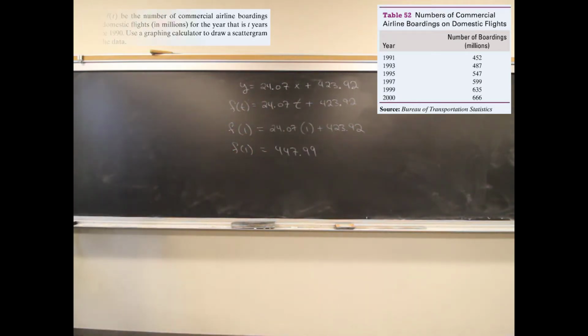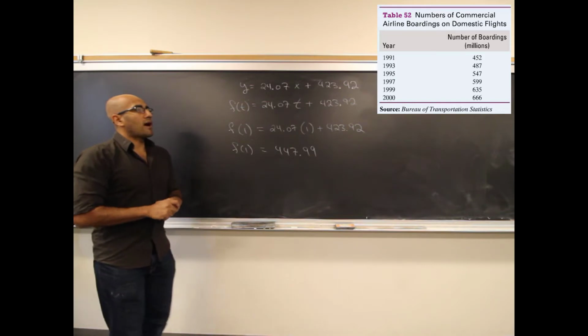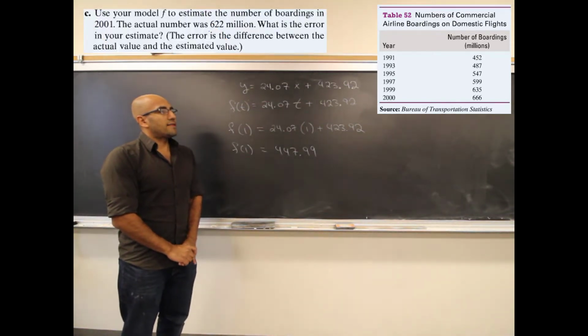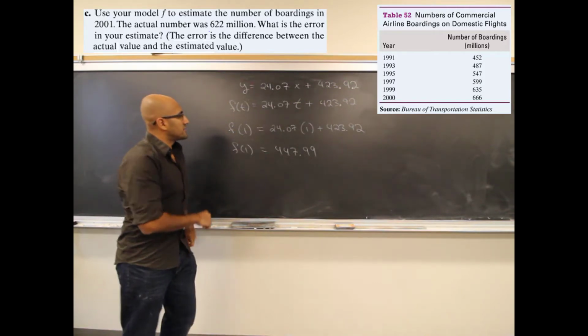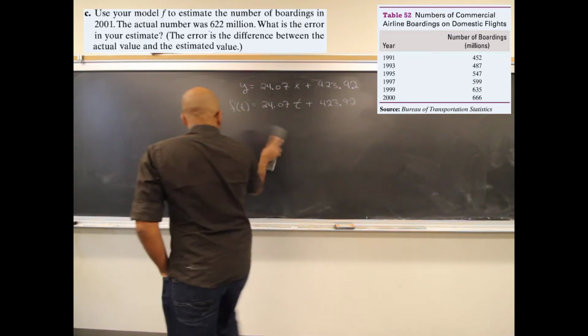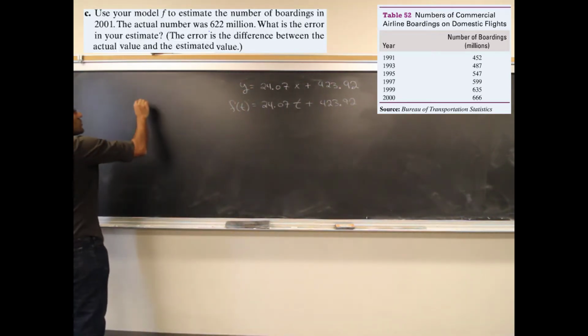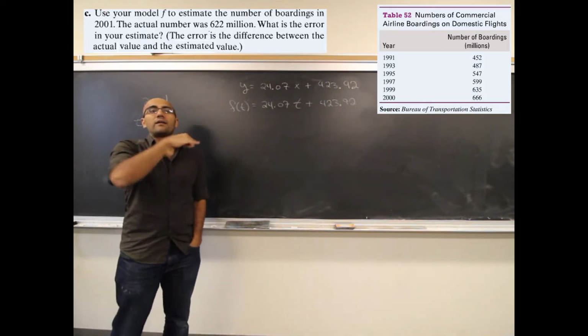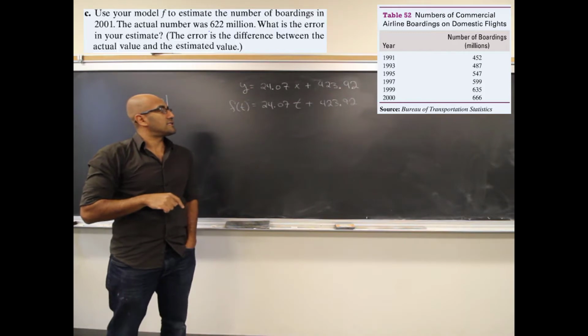But we would use it to make estimates about information we don't have. For instance, use your model f to estimate the number of boardings in the year 2001. So in the year 2001, what is the t-value going to be? 11, because we're counting the number of years since the year 1990.